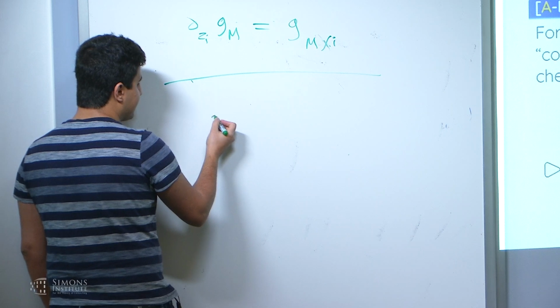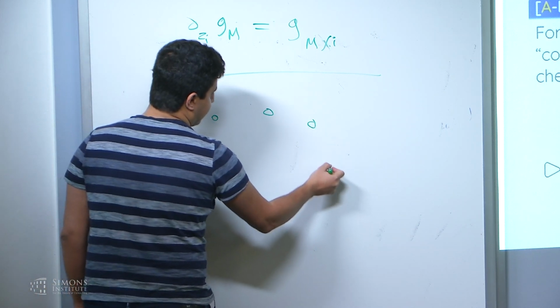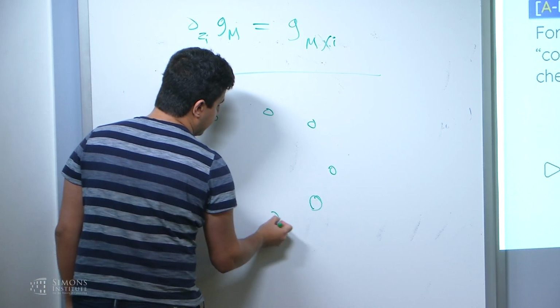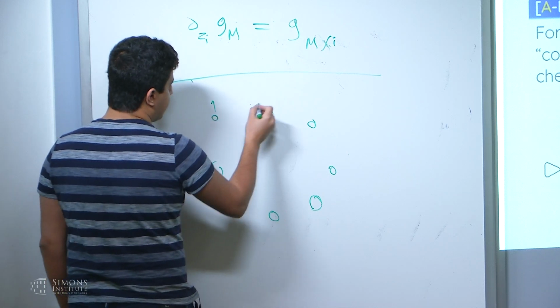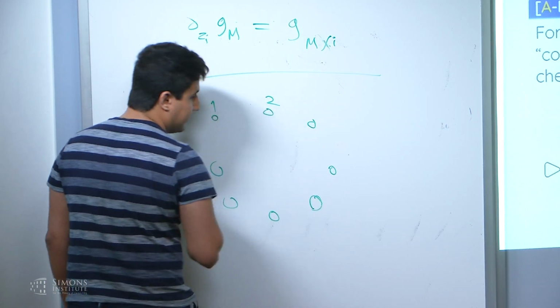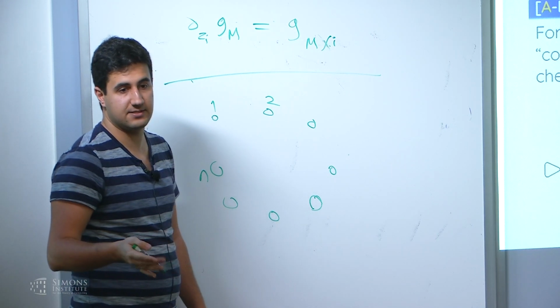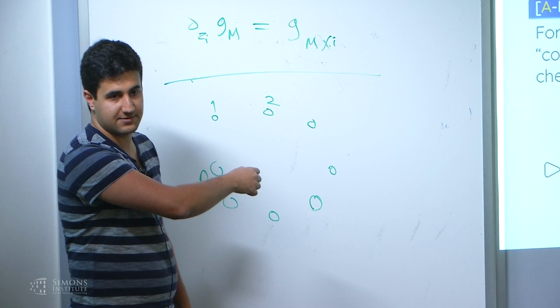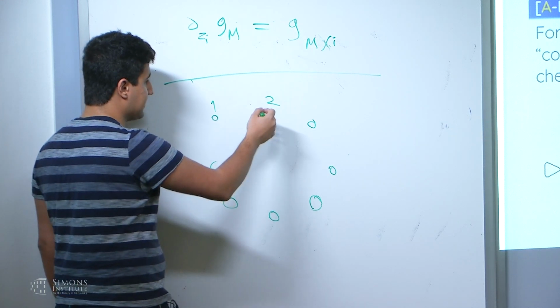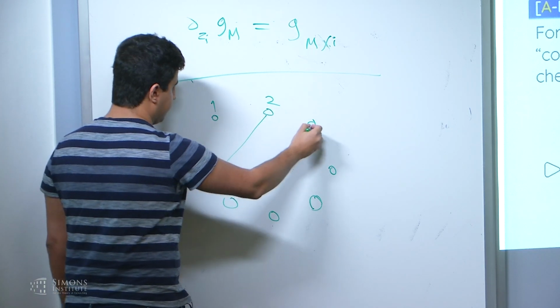So here is a picture of a rank 2 Matroid. So let's say that the Matroid is on elements 1 up to n. Because it is of rank 2, I can represent bases using edges between the nodes, right? Whenever there is a base containing two elements, I just connect them.